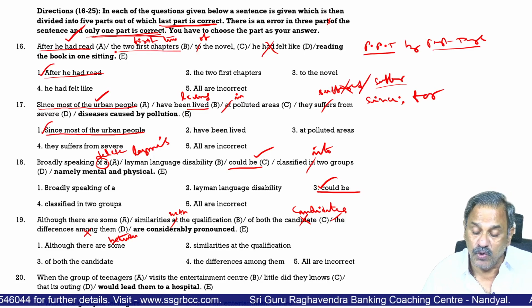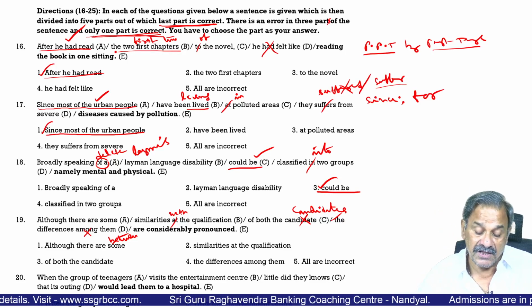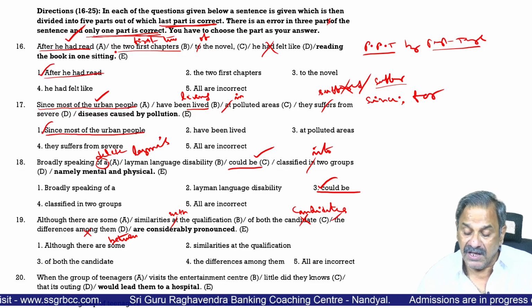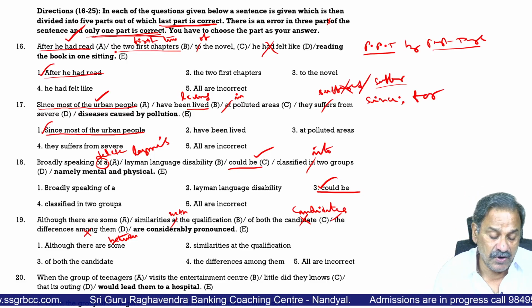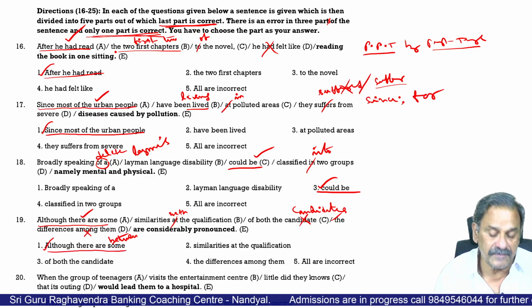When there are two persons, we use 'between'; more than two, we use 'among'. So there is error in the B, C and D parts. Which part is flaw free? First part is flaw free.